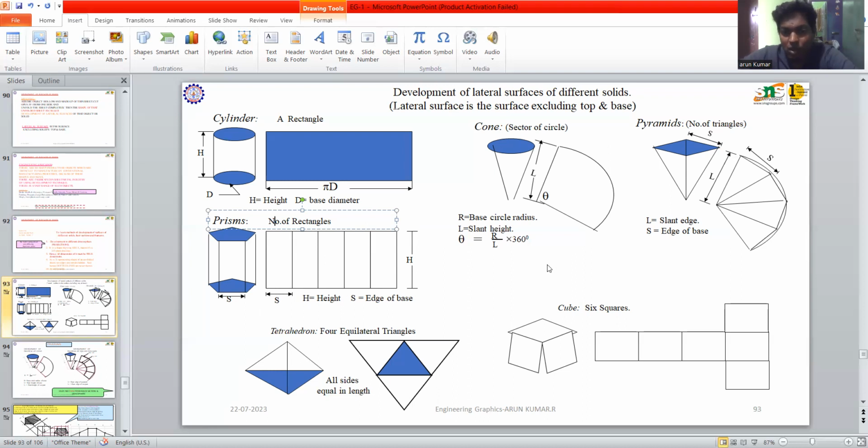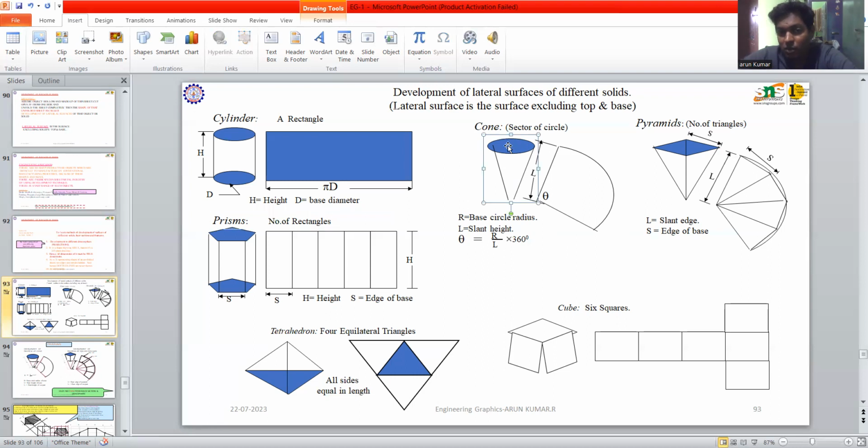So what about the cone? The cone development looks like a curved shape area. The curved surface has a base circle of radius R, and L is the slanting height. Whenever you draw the curve, always take the value of the slanting height of the cone. After measuring this value with a compass, fix the point and draw the curve. Then you divide the base circle into four, 8 or 12 divisions.